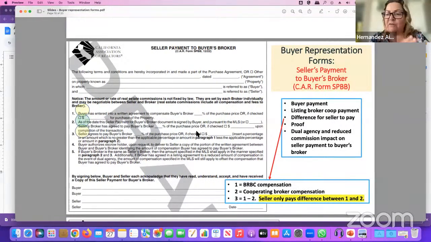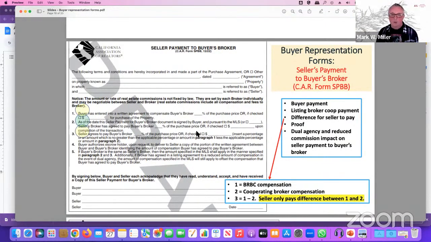How do we know that the buyer's agent requested a 3% commission, whereas in the listing we only advertised 2.5%? So my question is, how do I not miss that, because say it's one of the offers my seller wants to highly consider accepting.